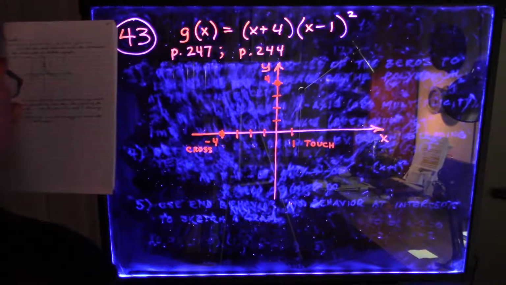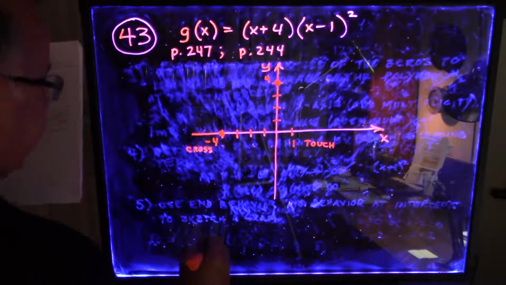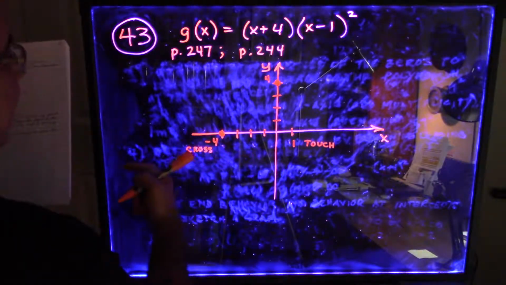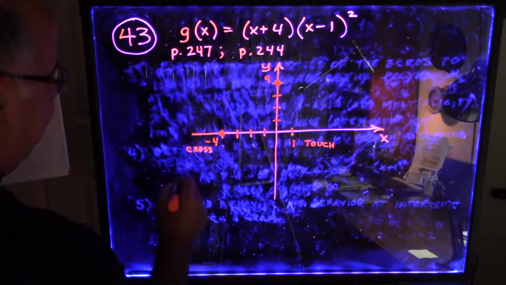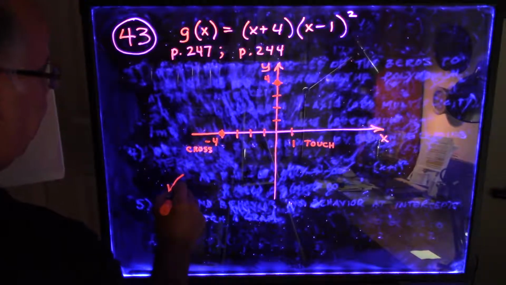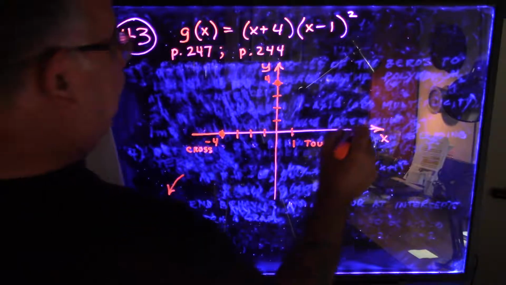And then for the end behavior, as x goes to the left, g of x goes to negative infinity, so I'll just draw that little arrow like that, showing a general tendency of the function.